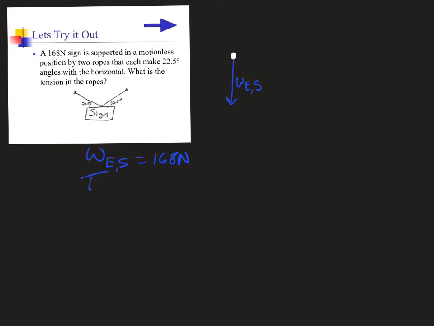What we're looking for is the tension, and maybe we'll look at T1 and T2. What's nice is that both of these are at the same angle.